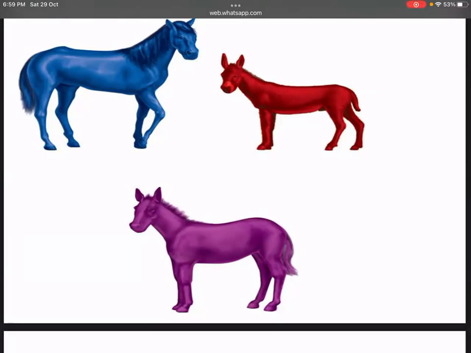What is the pink color? Very good. So a mule is neither a horse nor a donkey. Then what is this? Okay, this can be explained in resonance. That time I will tell you.